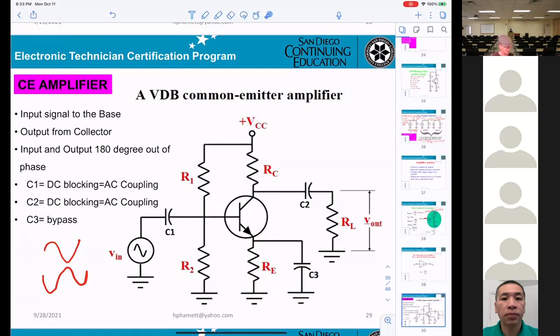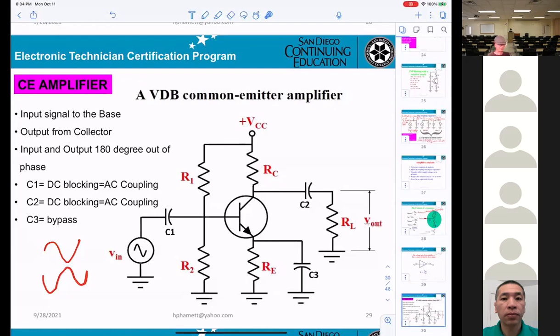That's what they call a bypass capacitor. Now, the purpose of the bypass capacitor: if you have the bypass capacitor, the gain of your amplifier will be increased. Without the bypass capacitor, the gain will be lower. That is the purpose of having the bypass capacitor.